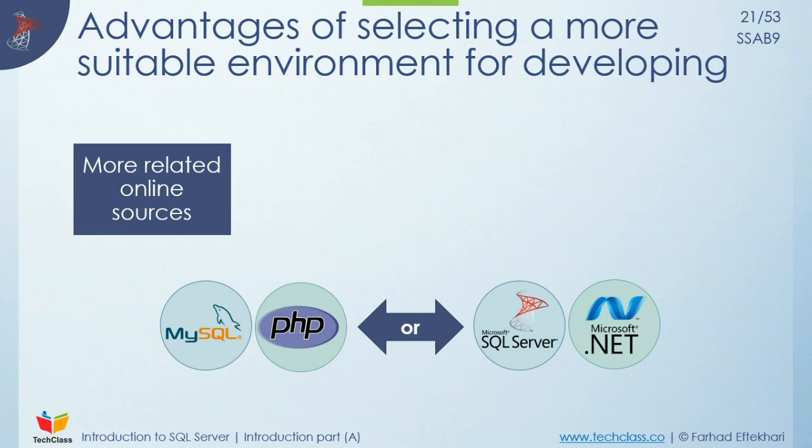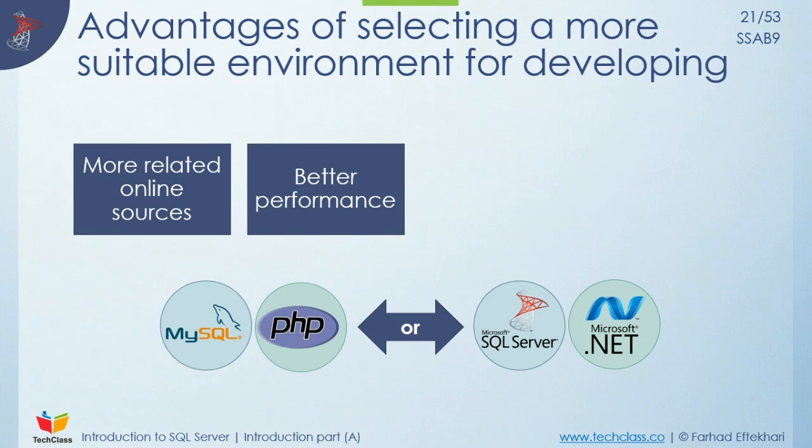Based on that, you can find much more beneficial online resources about working with those technologies. Also, when they are developing those technologies and applications, their primary focus is on testing those technologies together. So definitely the performance of your application is going to be increased if you use that family of technologies together.